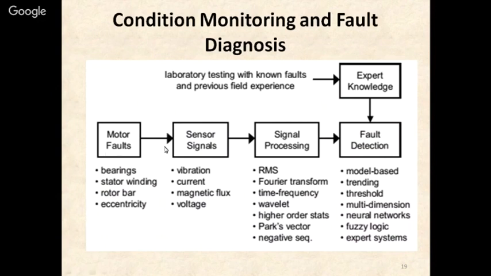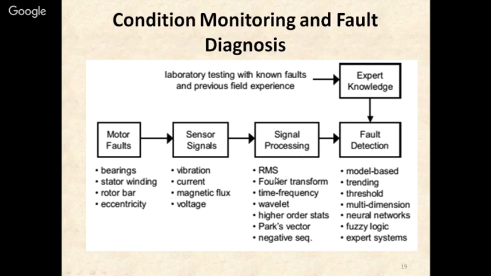Here we can see that there are various types of faults in the motor which can be diagnosed by using various types of signals like vibration, current, magnetic flux, voltage, acoustic signals, etc. These are fed to the signal processing device, which will compute the RMS, Fourier transform, time frequency features, wavelet diagnosis can be done, Park's vector approach can be used.